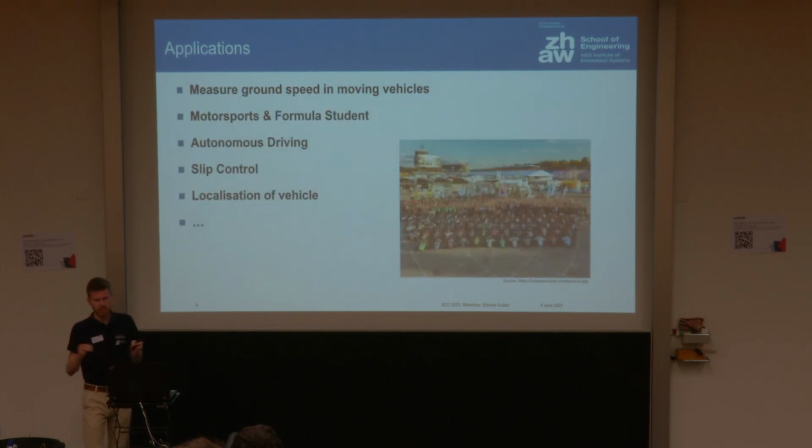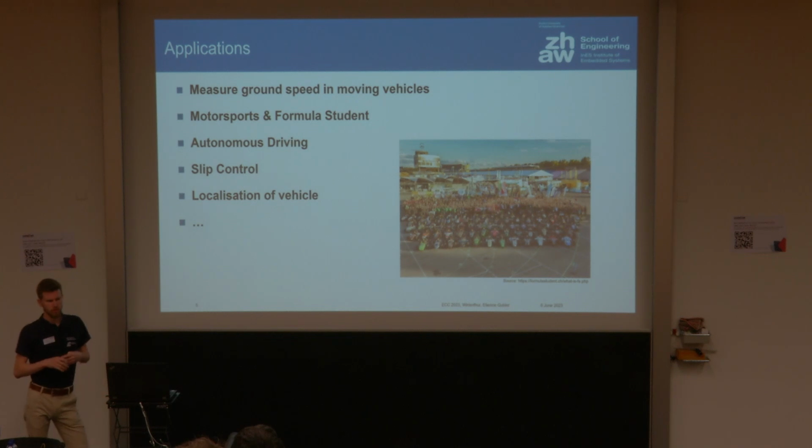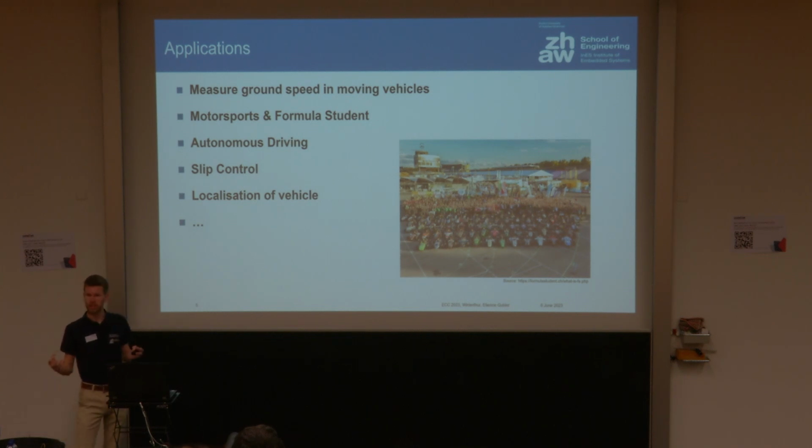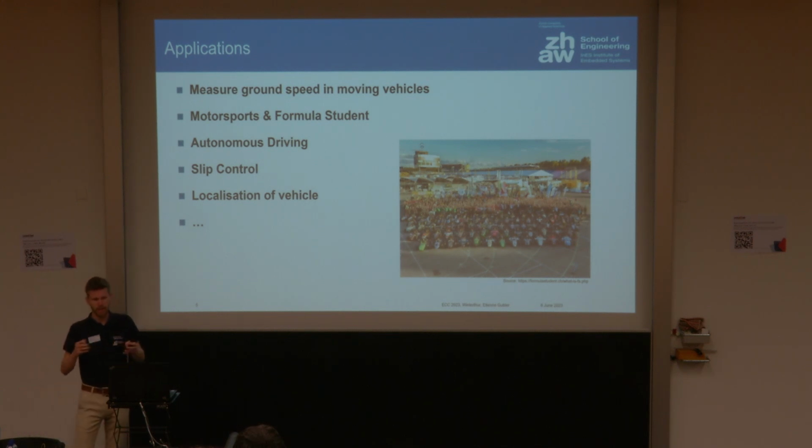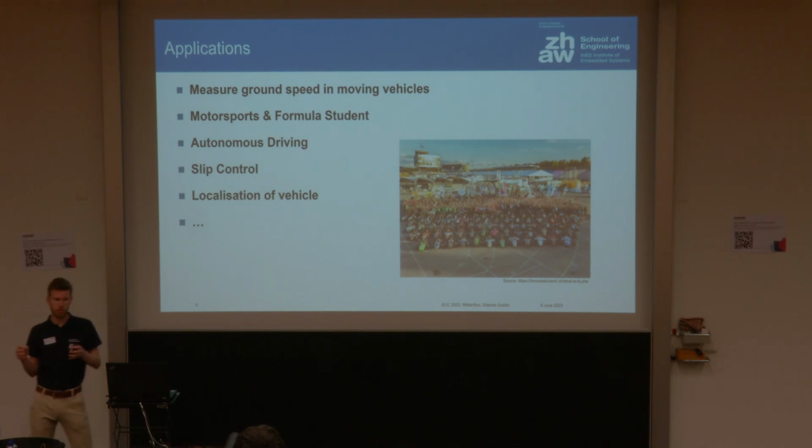We wanted to use it mostly in our Formula Student race car, but of course you could also use it in other autonomously driving vehicles or in other scenarios where you would want to do slip control and have an accurate idea of the ground speed.